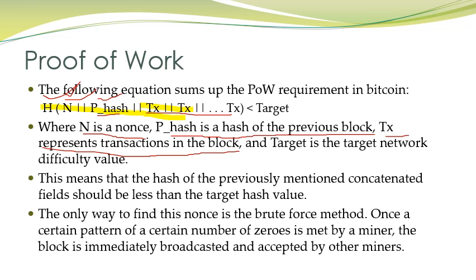Resultant hash value should be less than difficulty target. You can read this sentence. This means that the hash of the previously mentioned concatenated fields, whatever hash we have calculated from the different fields.